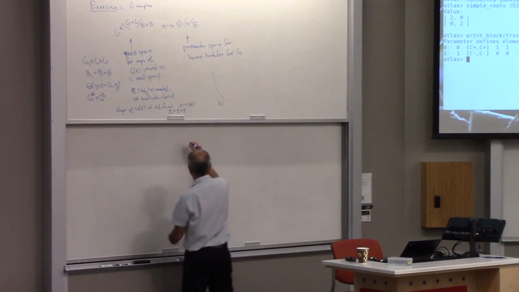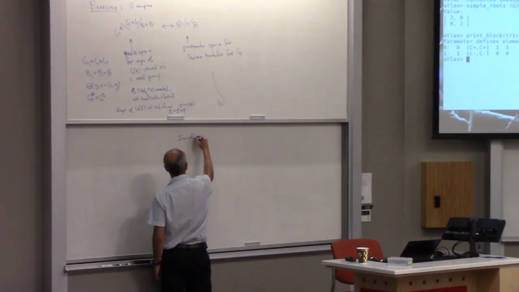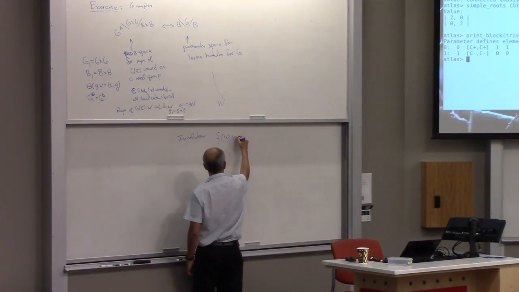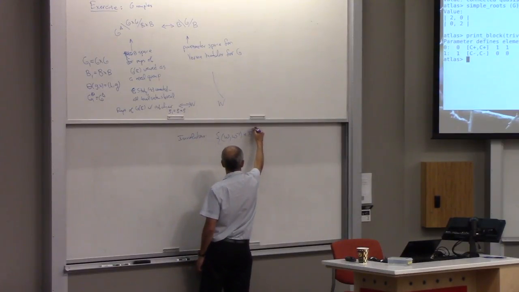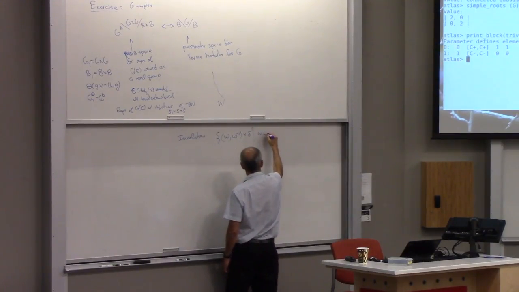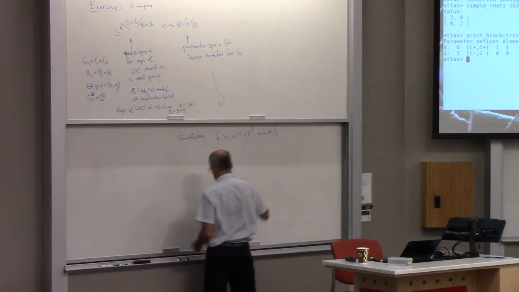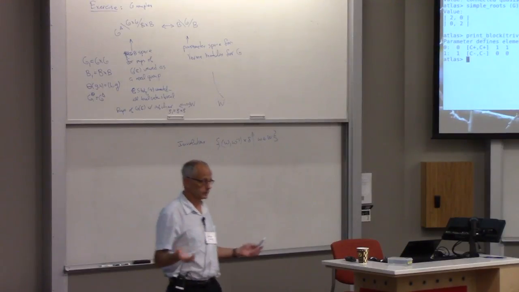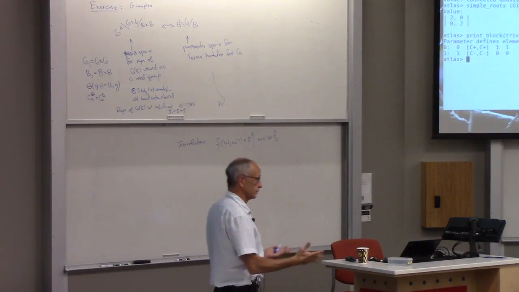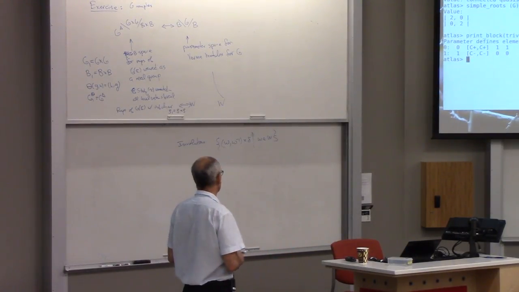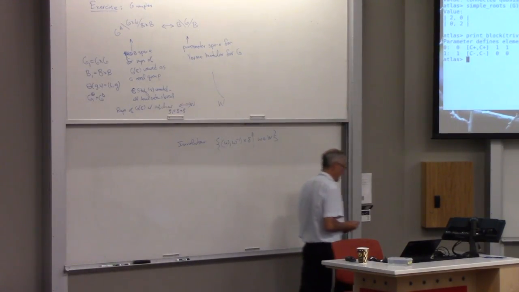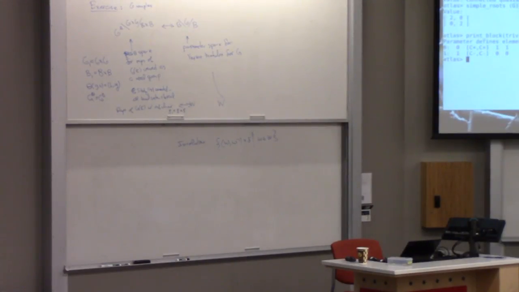So the involutions are the set of pairs W inverse cross W, as W runs over W. So the Weyl group has two copies, but the involutions are one copy of it. Anyway, that's what this is telling us.